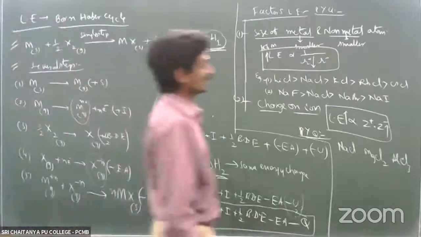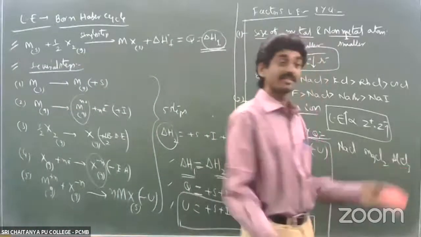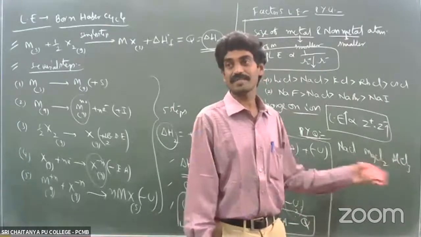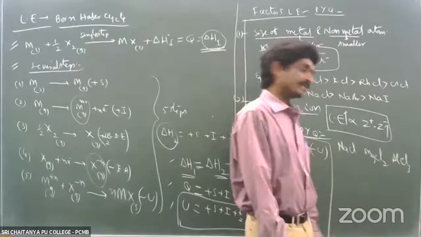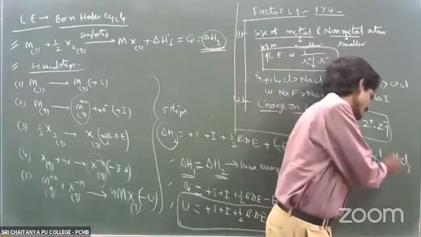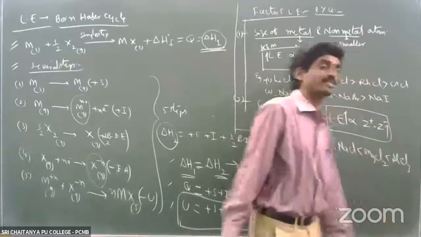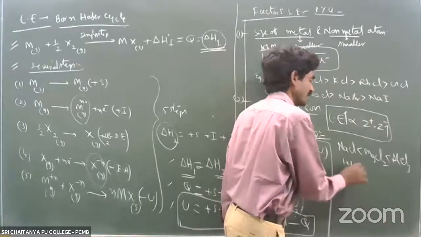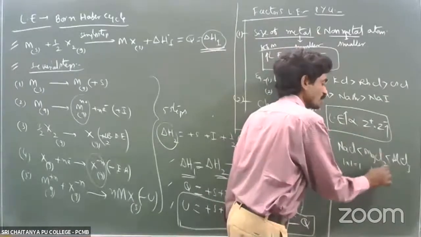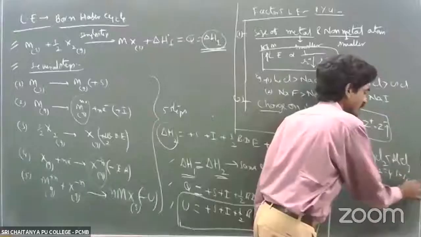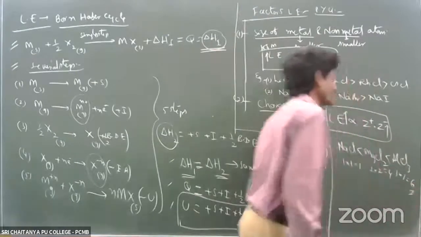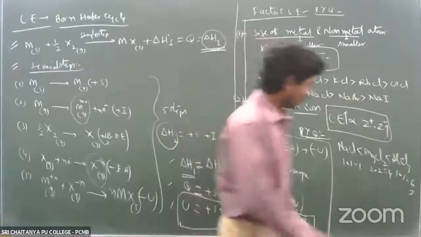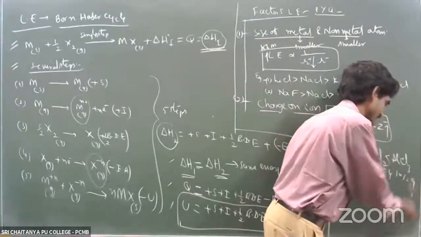You may not get these types of questions in the books, but the previous year questions do come. Here AlCl3 has more lattice energy. Why? Because here the charge is 1 times 1, you get 1. Then here the charge is plus 2 and minus 2. This is 6. So when more charge is there, more lattice energy is released.